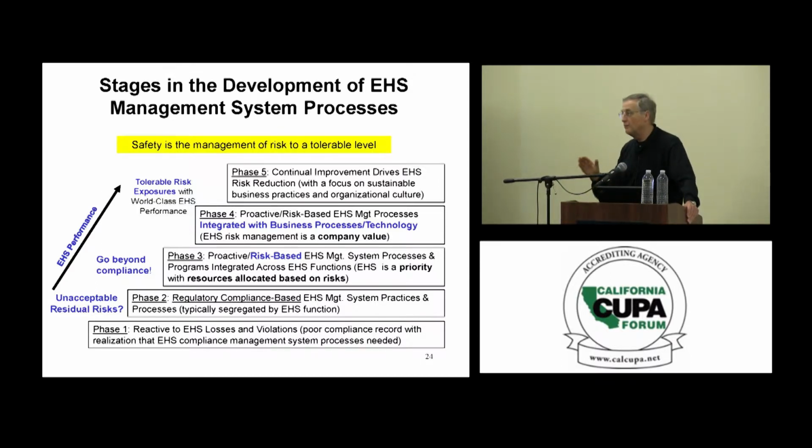And hopefully, most companies are moving towards level 3. Those that are world-class are then integrating all of the hazard controls and environment, health and safety, process safety with their business processes, and then driving for continual improvement. But at a minimum, I'd like to see people at level 3, this phase 3.